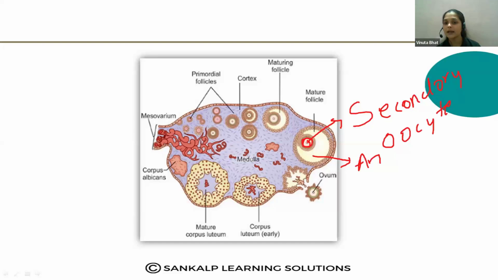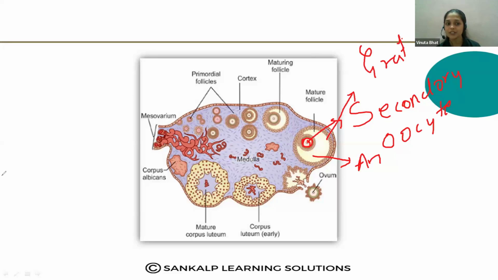After the tertiary follicle, it is called the Graafian follicle. After the tertiary follicle, what happens? It becomes the Graafian follicle. What is inside the Graafian follicle? It contains the secondary oocyte.